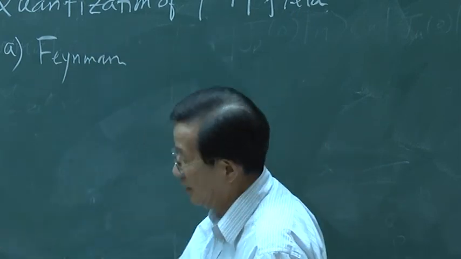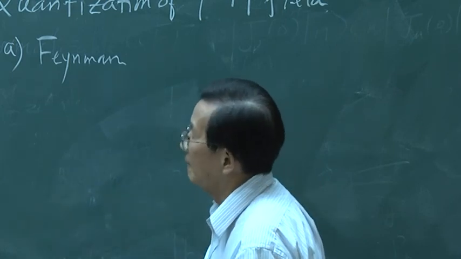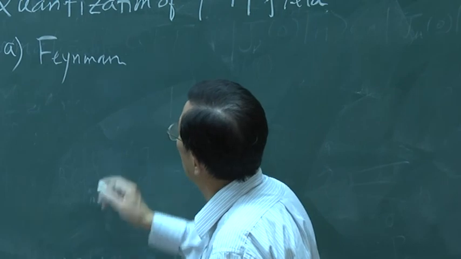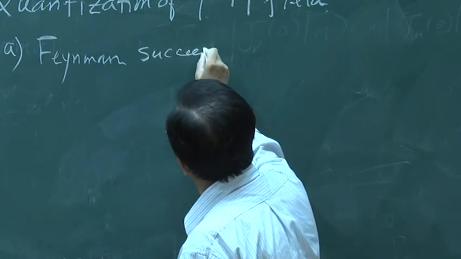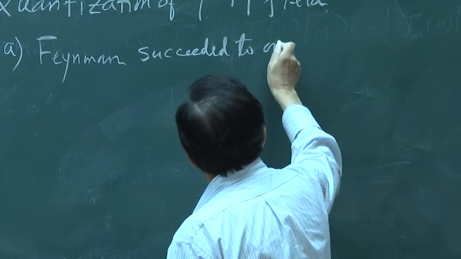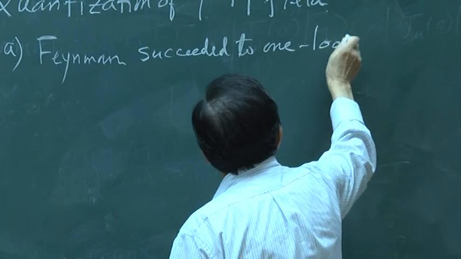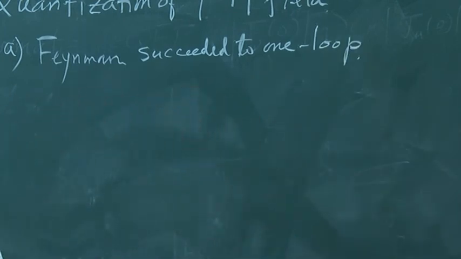It's also a nonlinear theory, and it's very similar to gravitation. So Feynman tried first, but he only succeeded to one loop. And he succeeded by magic.